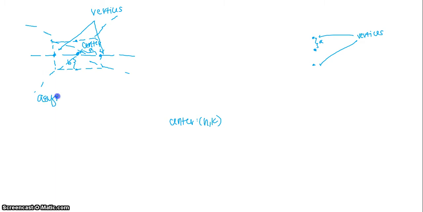Those are called my asymptotes. And my branches kind of follow along those asymptotes. Coming out from the center to your foci, by the way, should be c, just like it was earlier.